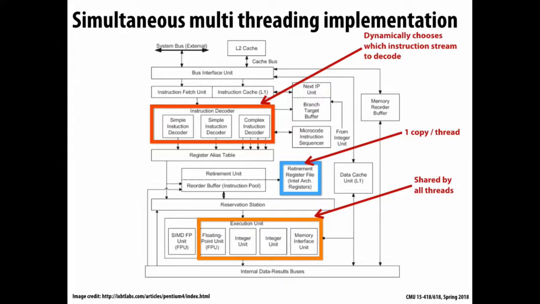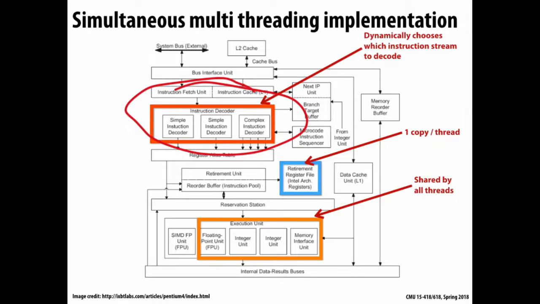But what happens is this hardware up here is grabbing raw instructions out of the instruction stream, and you have enough of that to do it for multiple threads. So you end up sharing that, and at any given time, some logic is deciding which of the instruction streams I should be extracting instructions from.